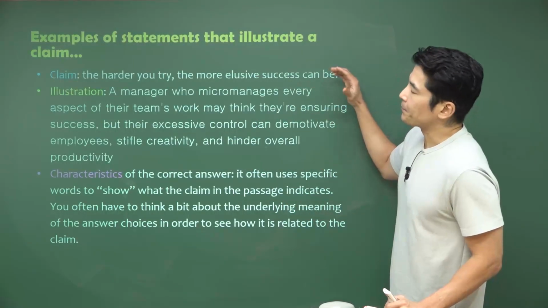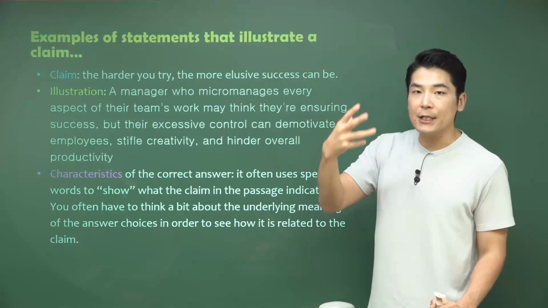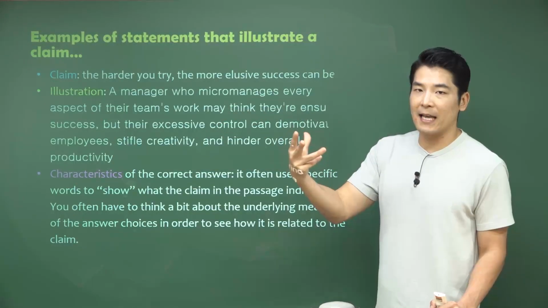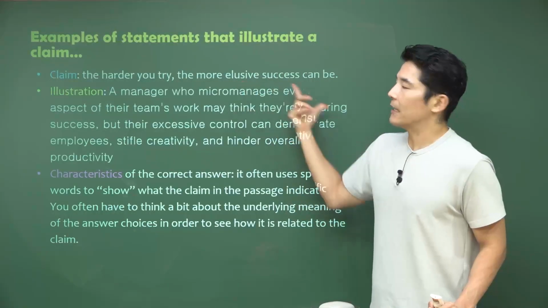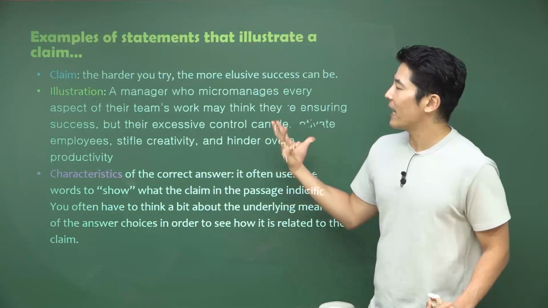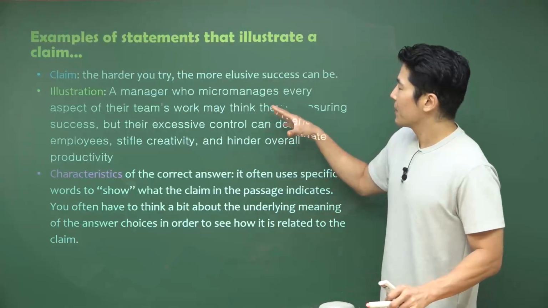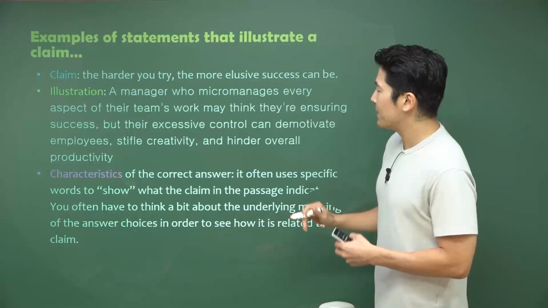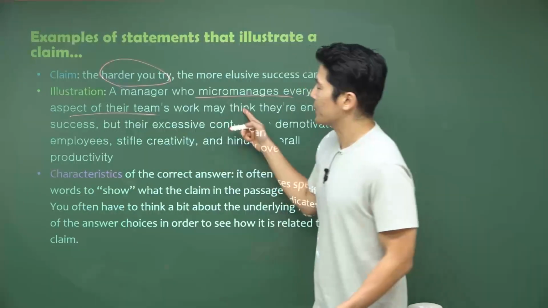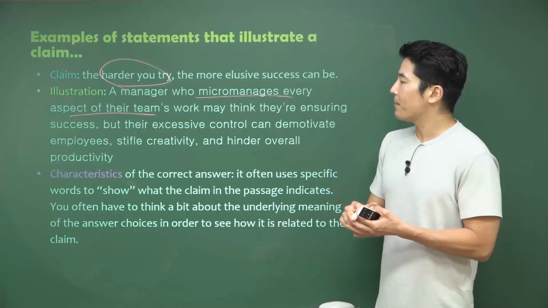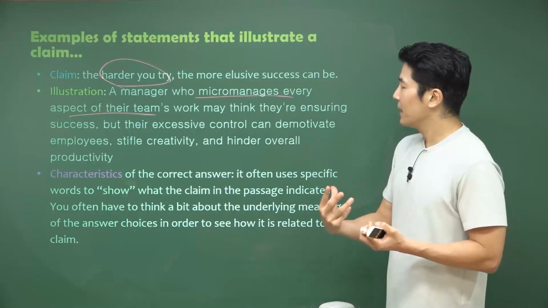Then from there, an example that would illustrate that claim would show what the claim is telling you. So if we had an example of a manager who micromanages every aspect of their team's work, this part here is the harder this person is trying. The manager who micromanages is the person who's trying really hard.